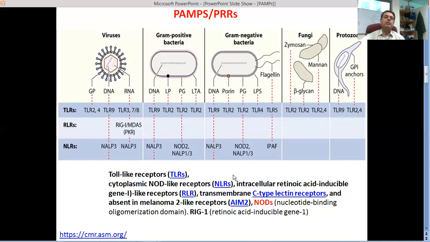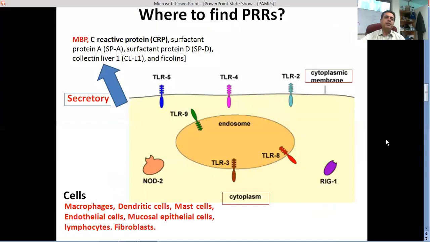These are all different types of PAMP recognition receptors, or pathogen recognition receptors, on the surfaces of the immune cells that I have shown you in the very first slide. On the surfaces of these different types of phagocytes, etc., these receptors are present.